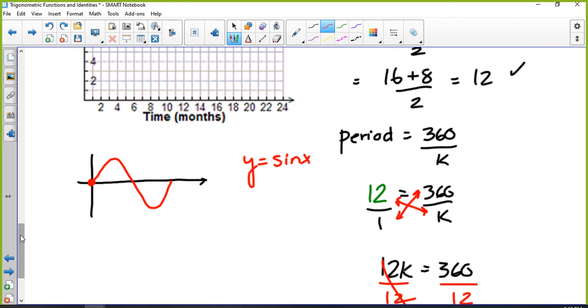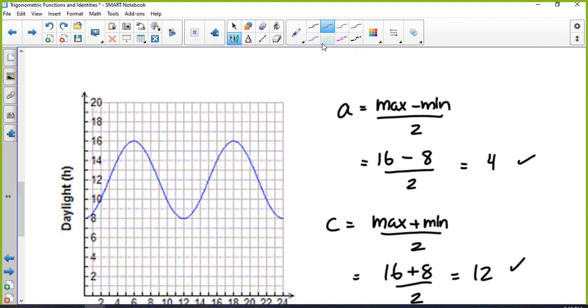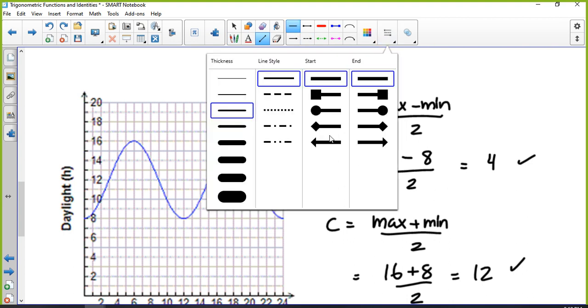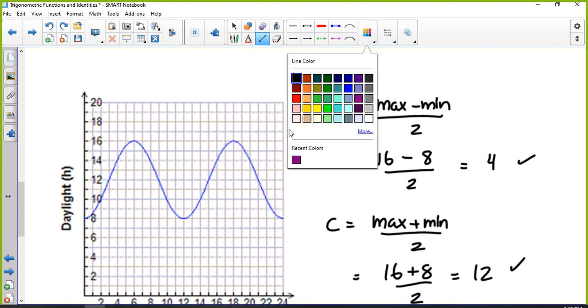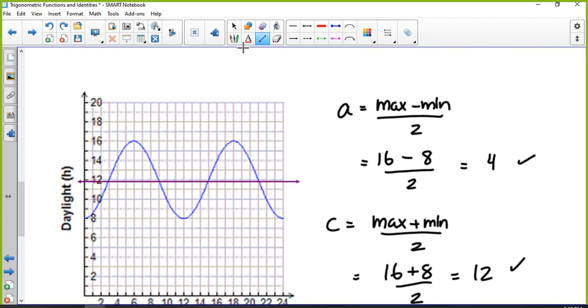Now this graph doesn't do that. It doesn't start at its mean value, but we can draw the mean value in, or the equation of the axis, just to get a reference point. We said it's at 12. So there's my mean value. And now on this graph, can we find a point on the curve that starts at its mean value and then increases to its maximum?